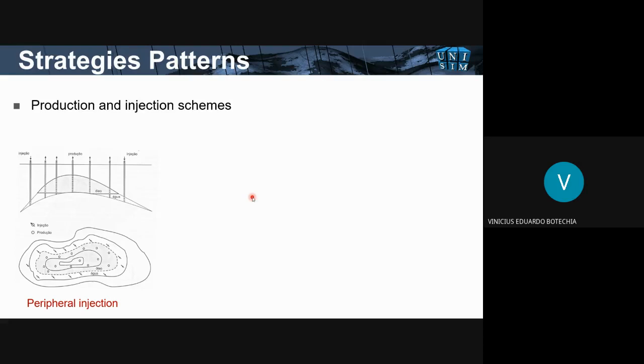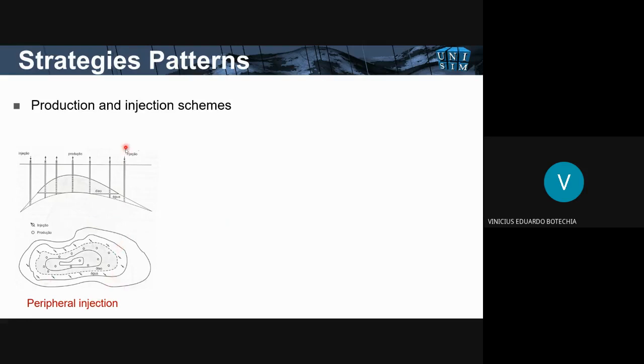I have other kinds of schemes. For instance, peripheral injection, where you put the producers in the middle of the reservoir, surrounded by the injectors. This is common in fields that have this structure here, like little mountains, when the field goes like that and you have the aquifer surrounding the field, for instance.